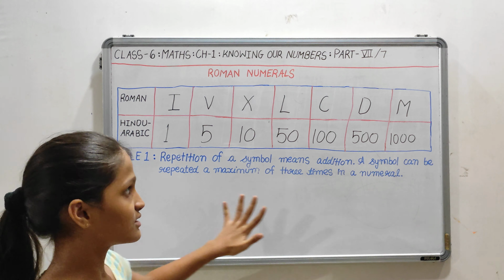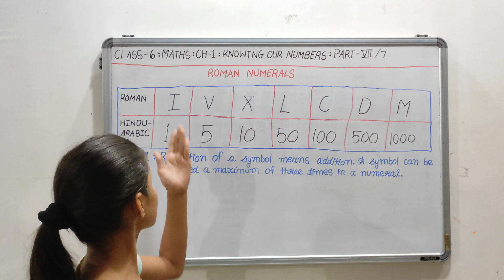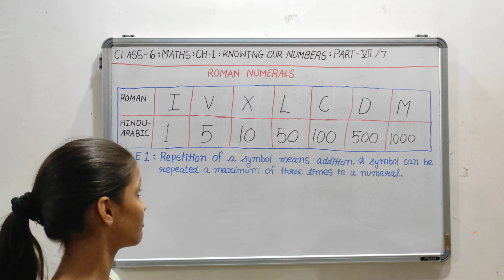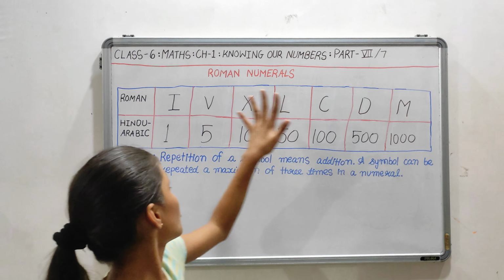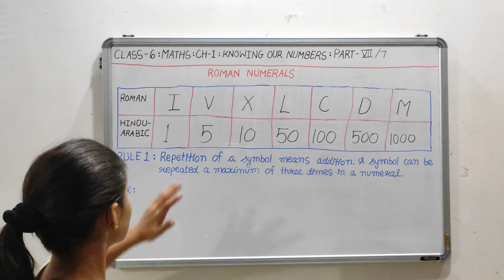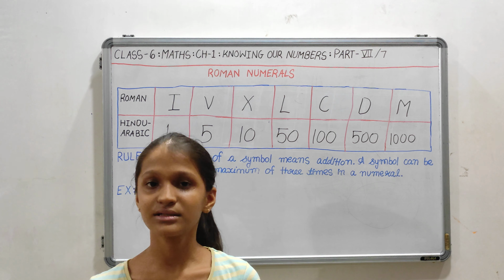First we should understand this table. This is the Roman and Hindu-Arabic table. In this we understand which number is what in the Roman numeral system. This Roman numeral system is written with the use of letters.